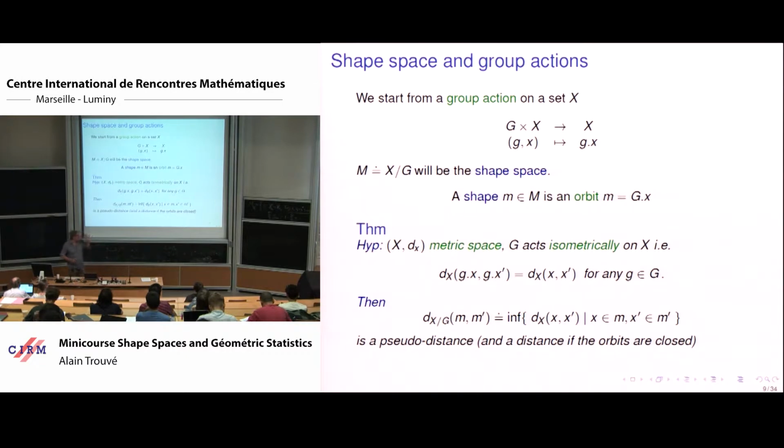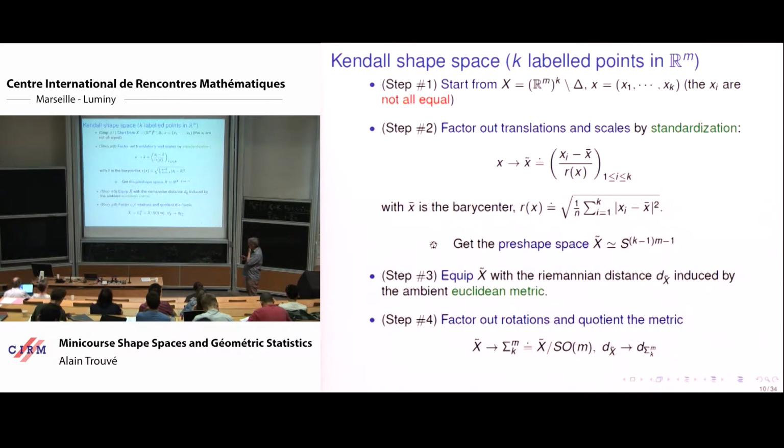Okay, and so you can think that if we want to have a metric space for the shape quotient space, we need to have this isometric action, and that's the important thing. Okay, so what is a Kendall shape space?